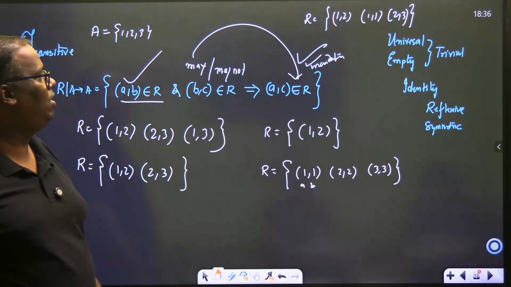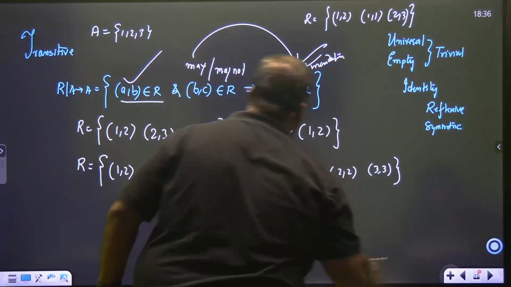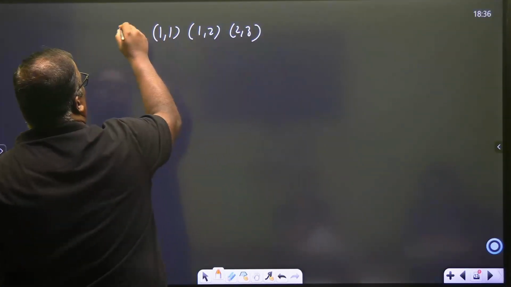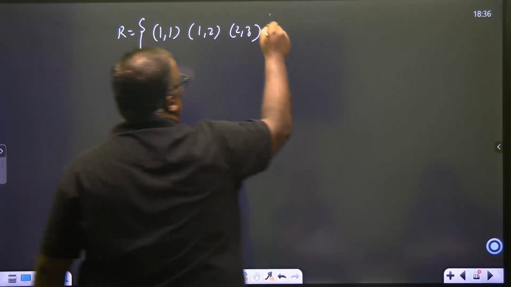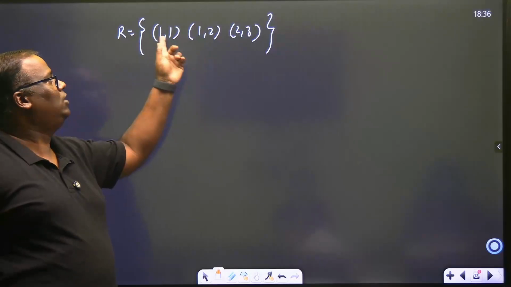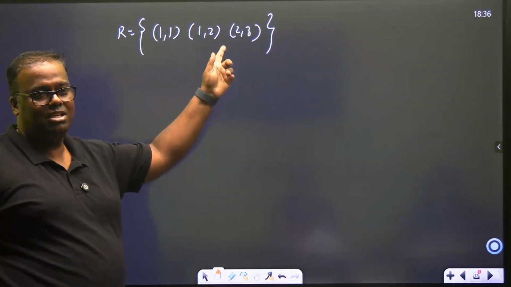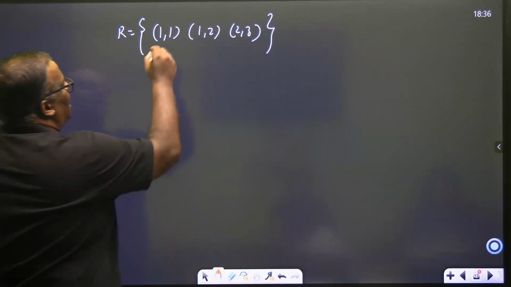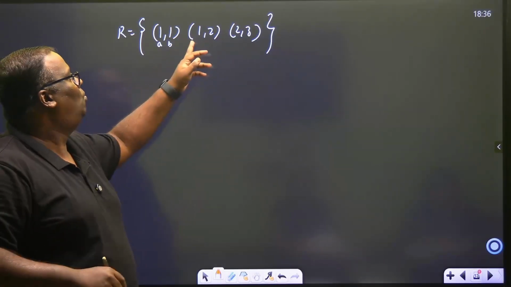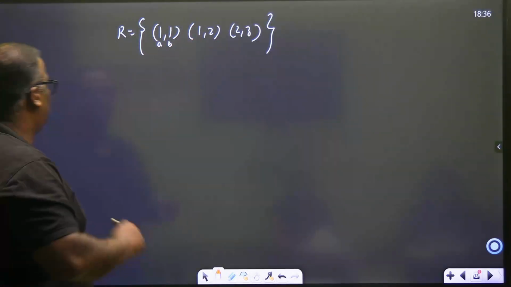We will see. 1 1, 1 2, 2 3. We will see whether this relationship is transitive or not. How to check these things? 1 2, A B, B C, some things are there. So we can do it this way.